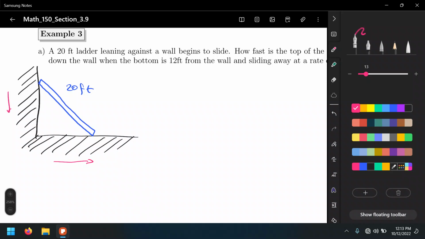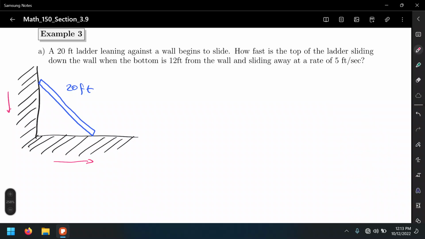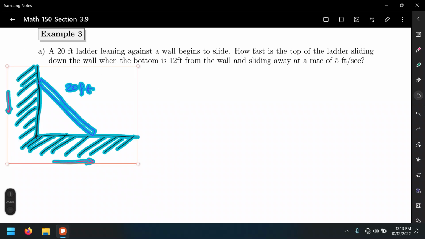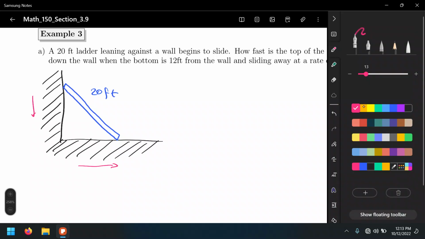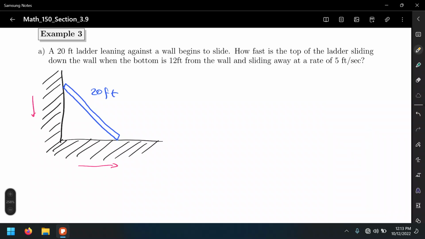That ladder goes down and it goes forward. All right. So what else do we have? Okay, let's look at each component individually. Number one, we have a height y that we don't know. For now, we don't know it.